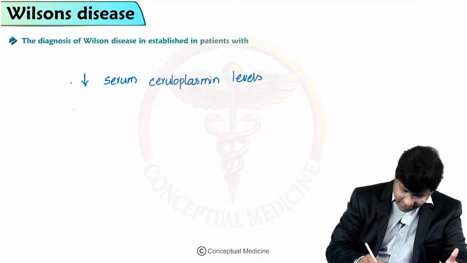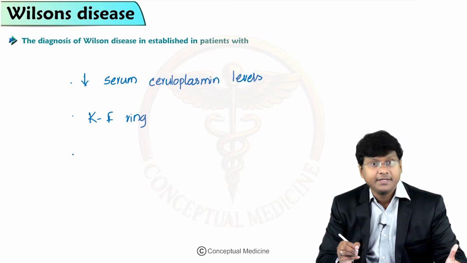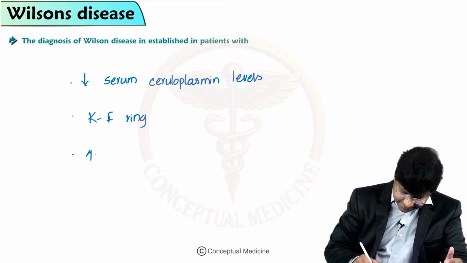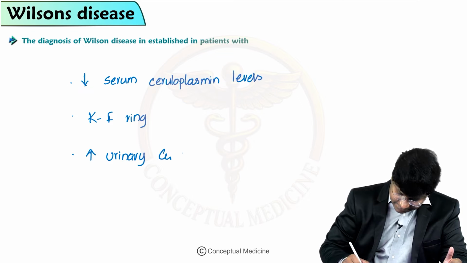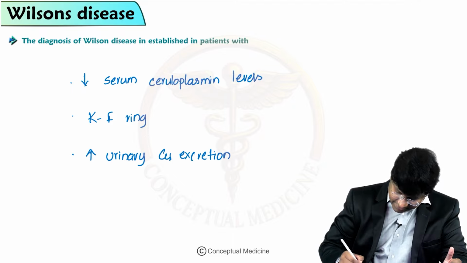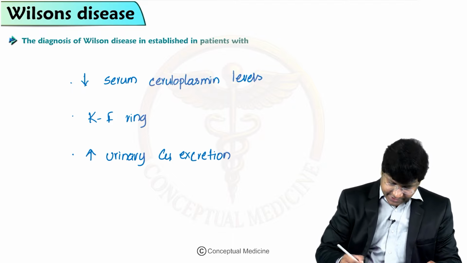Number 2, presence of the KF ring, right. Number 3, elevated urinary copper excretion. Right, elevated urinary copper excretion.